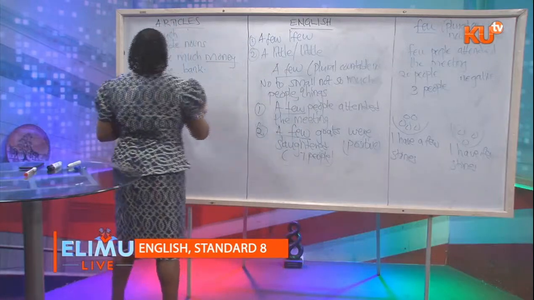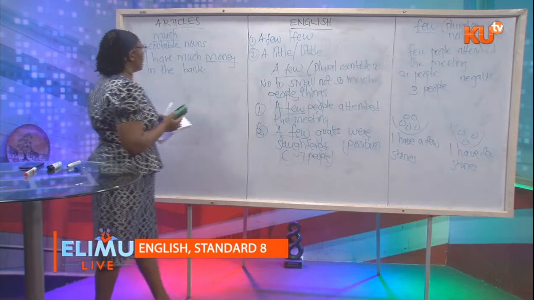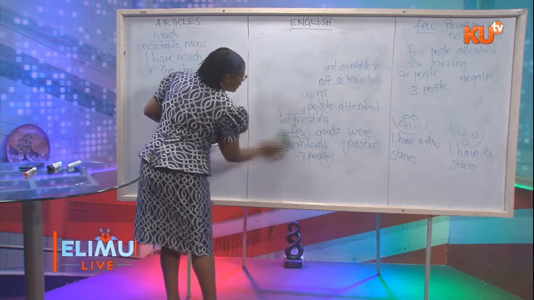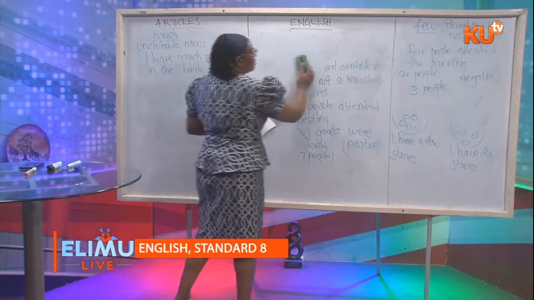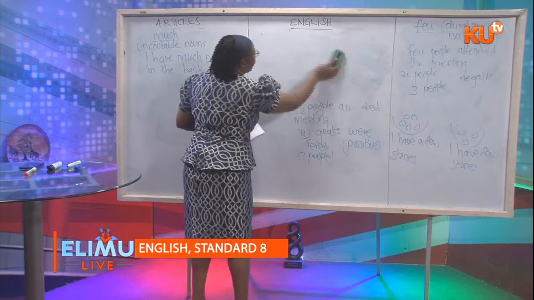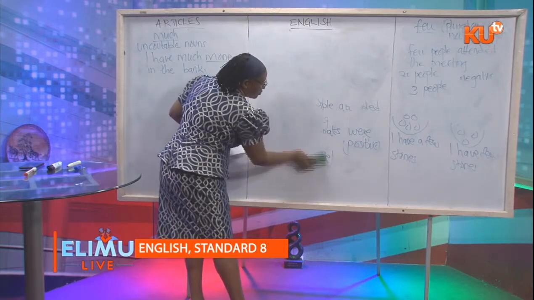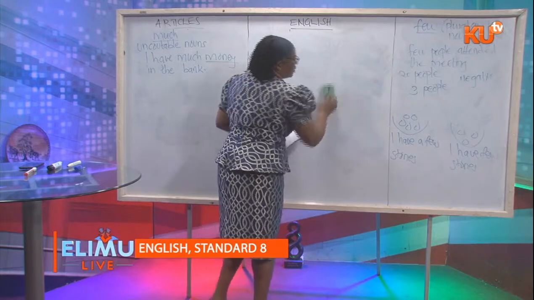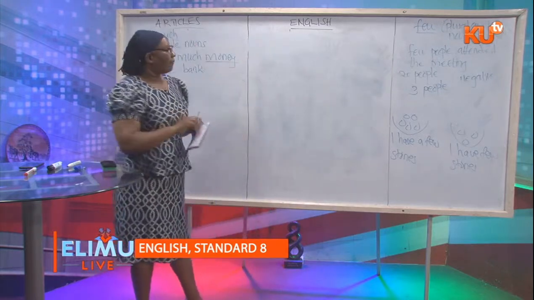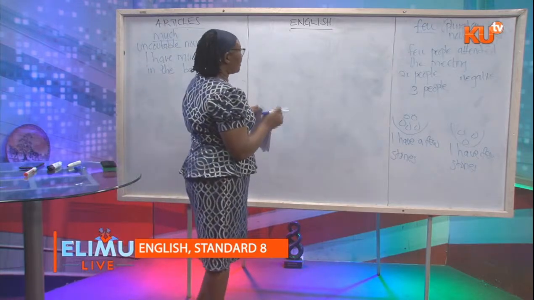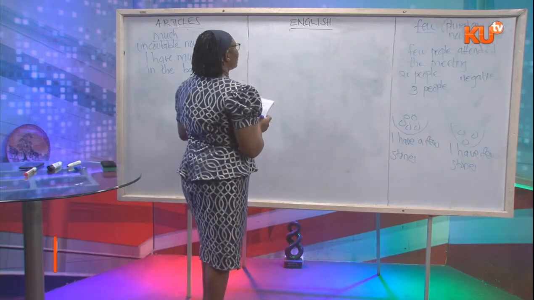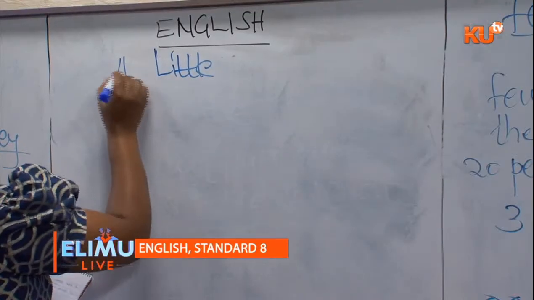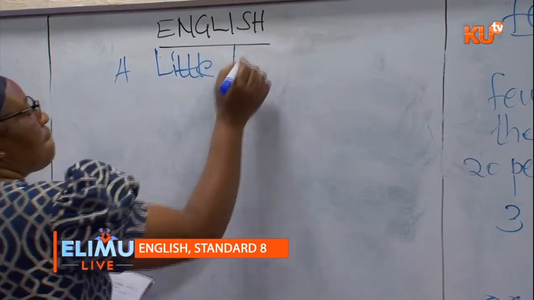Now we look at the uses of little and a little. From what I've explained, those who are usually confused in the use of a few and few are now in a better position, and the same rules apply to the use of little and a little.